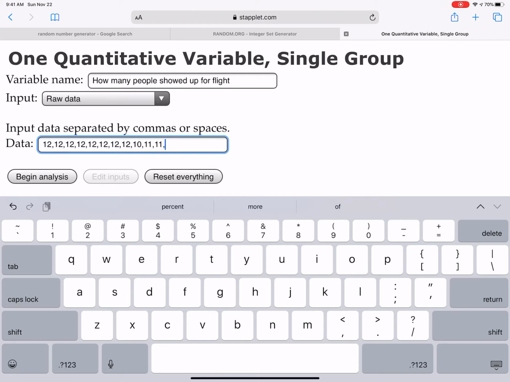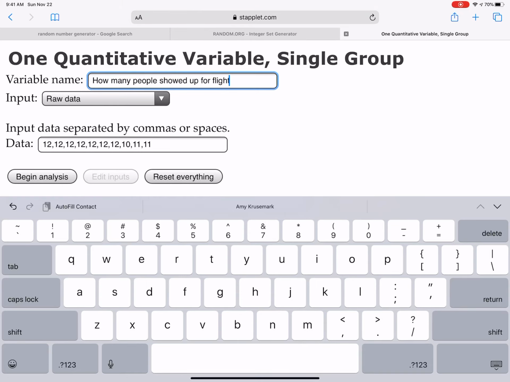So I have 1 extra 12. Okay, that's my data so far. I could have also quantified how many people overbooked, but I just decided to collect data on how many people showed up. So all 12 showed up in 7.